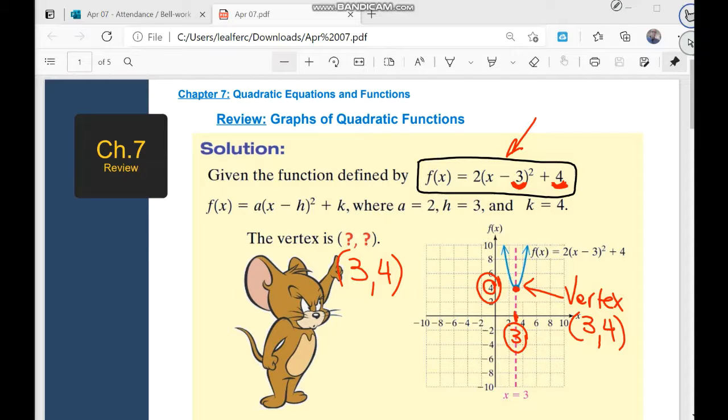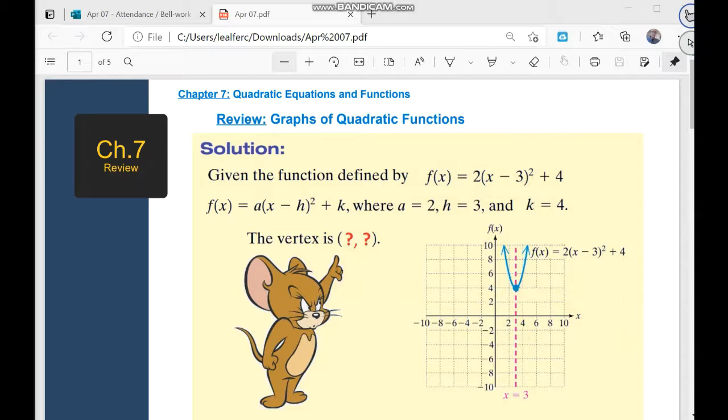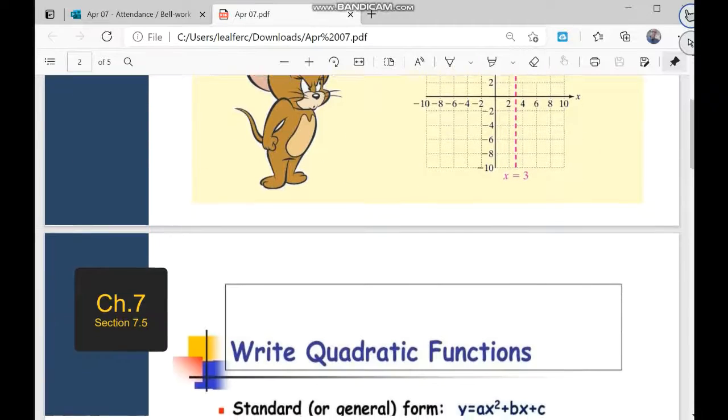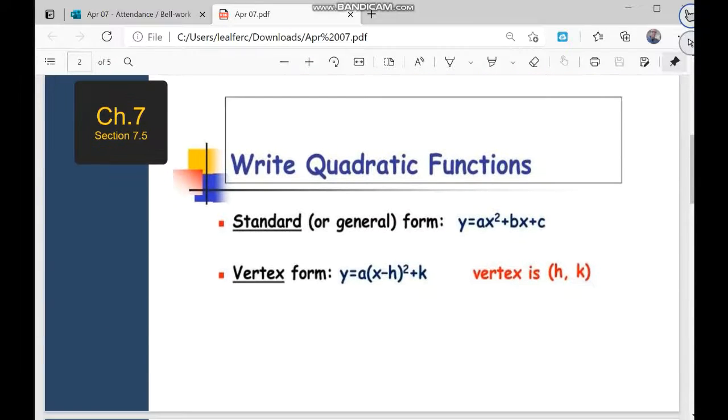Well, that's very good that Jonali remembers, and maybe now after this review you know a little bit better how to identify the vertex, which is kind of easy if you have the quadratic function represented using the vertex form.